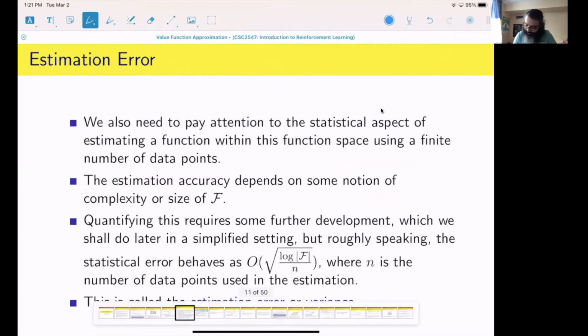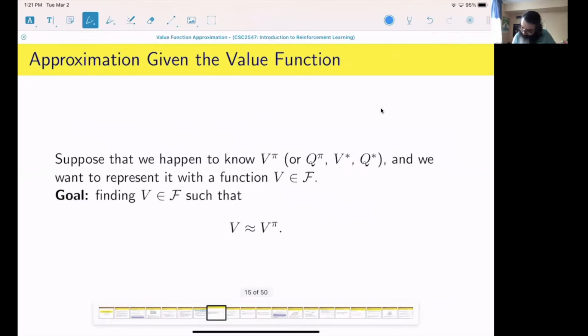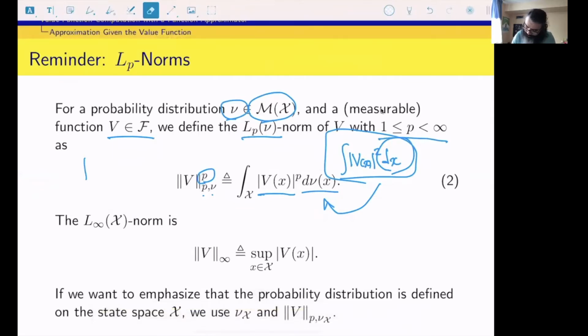So we will have the L2 norm of it. And if it is clear what distribution we are talking about, like here instead of mu, I may just drop the distribution.